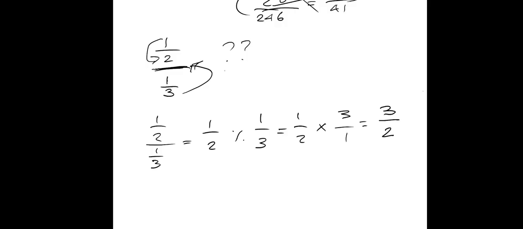And that is a lot easier than remembering rules, going back and forth. So if you get them in this form here, rewrite them in that form there. It's just a lot easier.